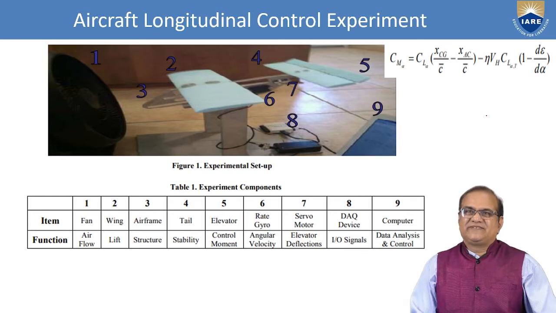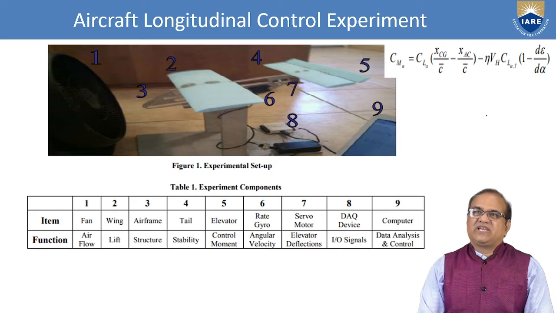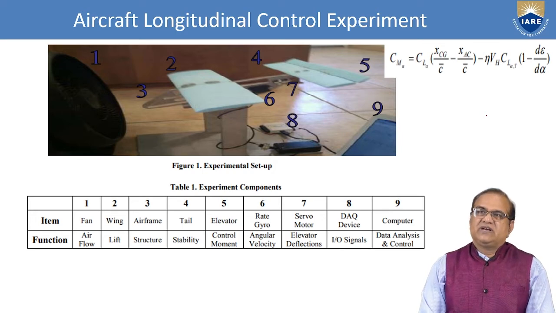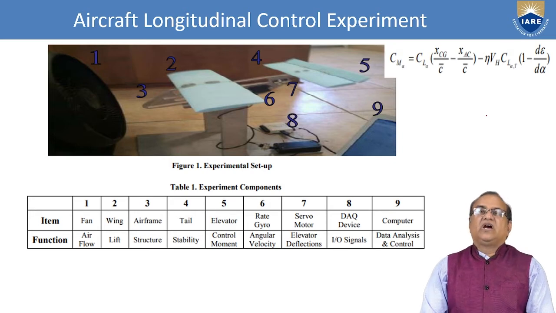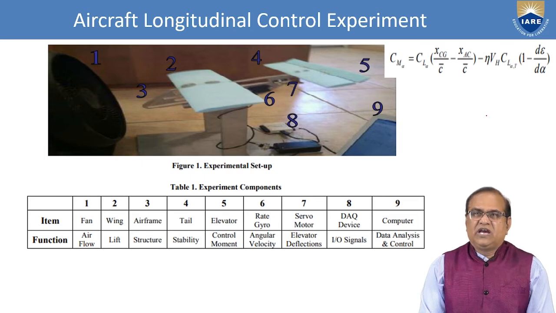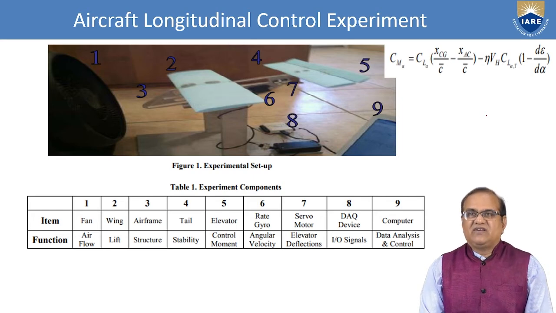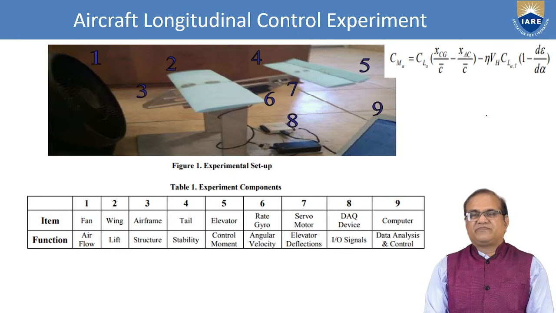Here I want to introduce a new concept, the aircraft longitudinal control experiment. We can do some experiments in our wind tunnel, which is available in our Institute of Aeronautical Engineering Aerodynamics Lab. We have a wind tunnel with a cross section of 600 millimeter by 600 millimeter by 2000 millimeter, with the highest speed of 50 meter per second.